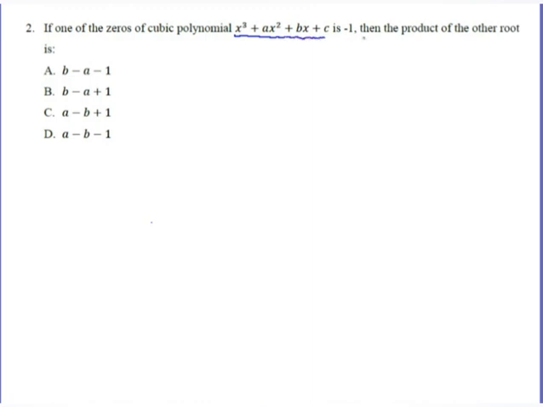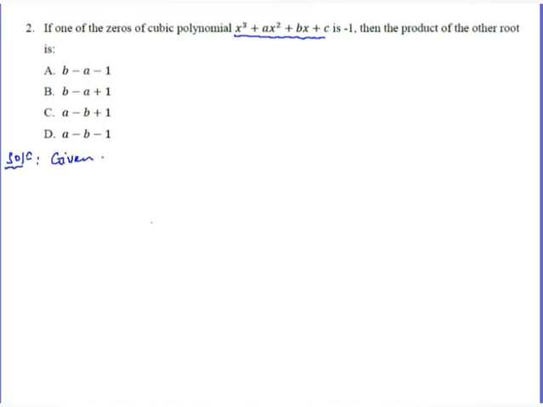If one of the zeros of the cubic polynomial x cubed plus ax squared plus bx plus c is minus 1, then what is the product of the other roots? So one of the roots is minus 1 and we are asked the product of the other roots. Here we need to know the relationship between the coefficients of a cubic polynomial and its roots.